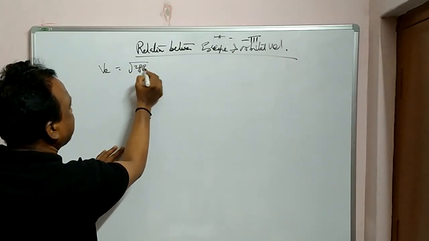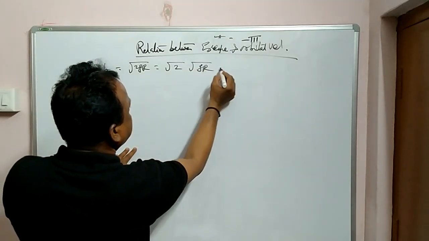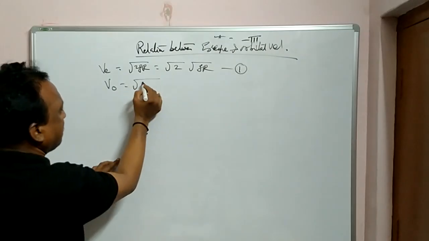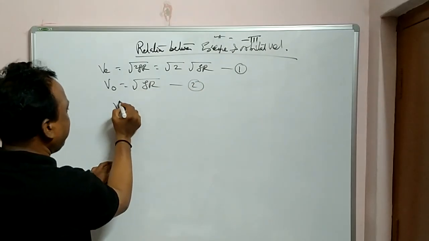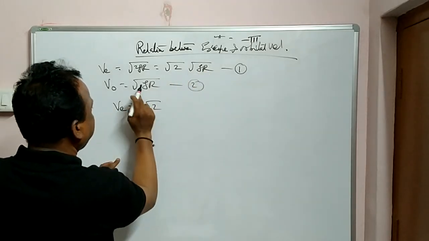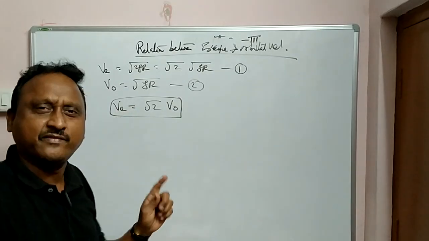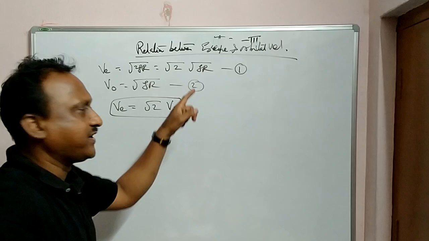Root 2gr, that is root 2 into root gr, equation 1. What is orbital velocity? Root gr, equation 2. So I can write v is equal to root 2 into what is root gr? V naught. So in relation to escape velocity and orbital velocity, escape velocity is given by root 2 times v0.